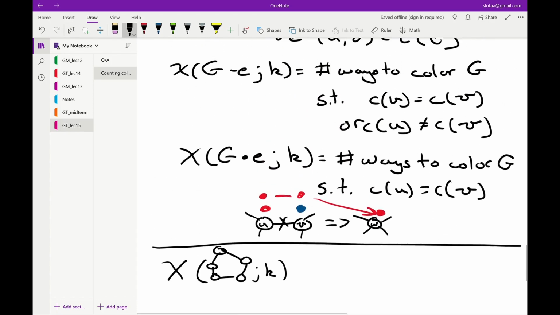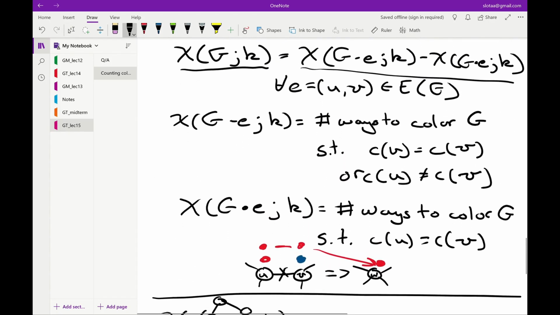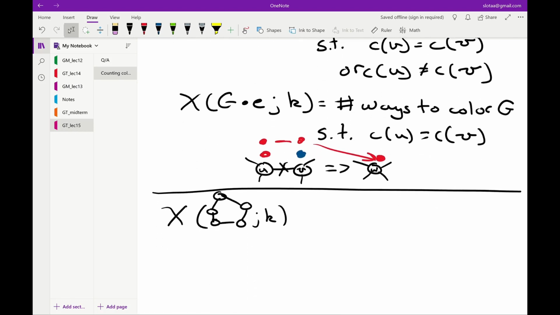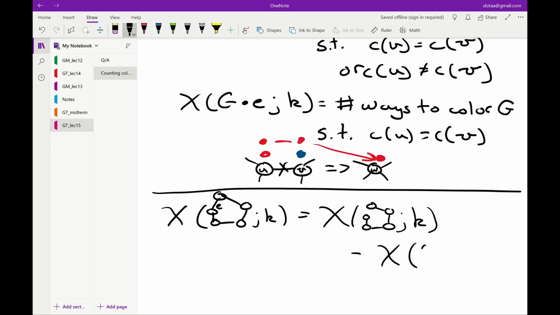So again, we're looking at some arbitrary edge, deleted and contracted. If we consider our edge here, this equals the chromatic polynomial with that edge deleted, minus the chromatic polynomial with that edge contracted.